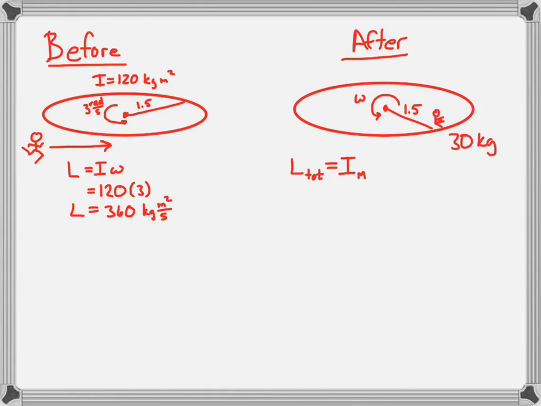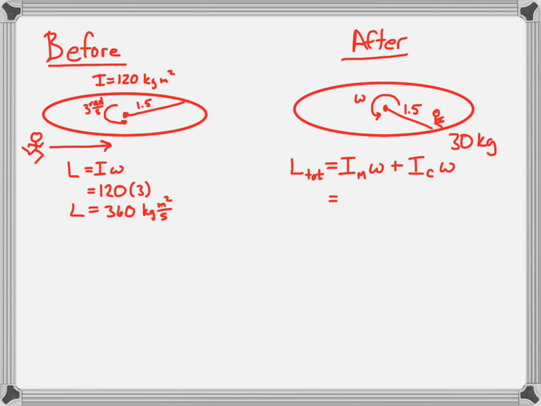That's the same thing as this 120 right here, times omega, plus now we have to think of the moment of inertia of our child, and multiply that times omega. Well, let's do that.